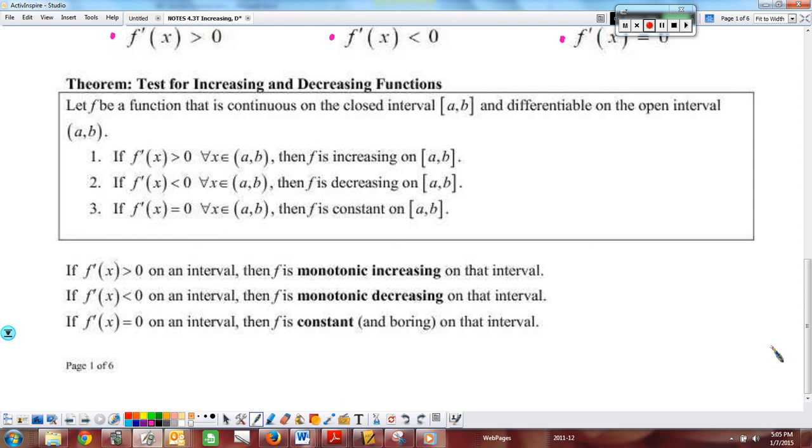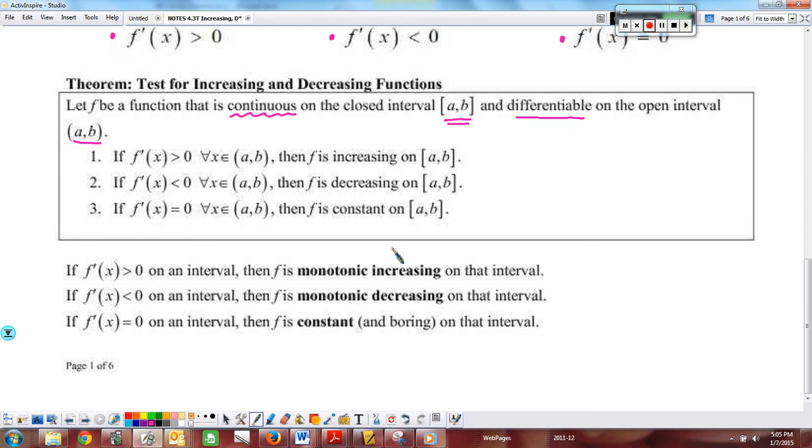So we can run a test for determining where the function is increasing or decreasing. We're specifically only looking at continuous functions again. If it's a discontinuous function, we're going to have to think about some additional things. We're looking right now at a continuous function on a closed interval, differentiable on the open interval.